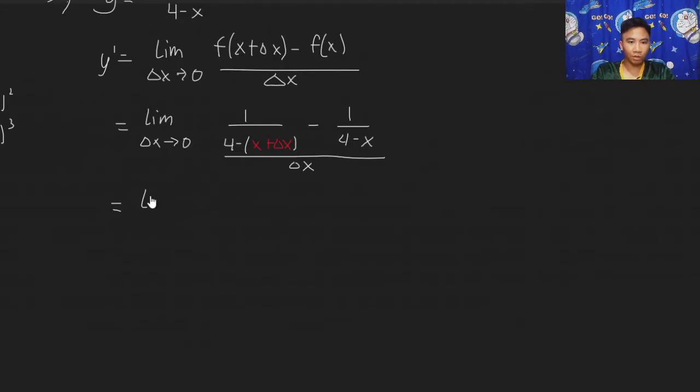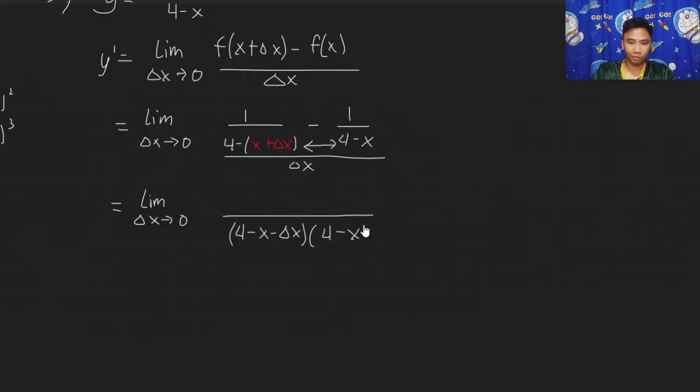LCD natin ito. So, we get, yan, LCD, ito, yung nasa numerator. So, 4 minus x minus delta x. So, just multiply nyo lang tong dalawang ito. Ayan. 4 minus x. Ayan.